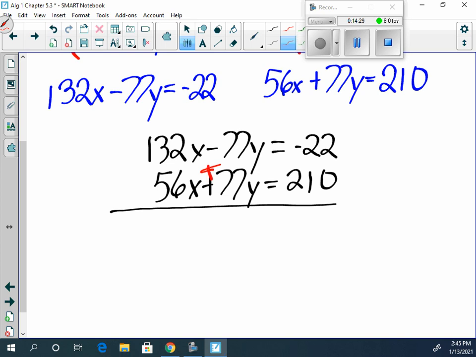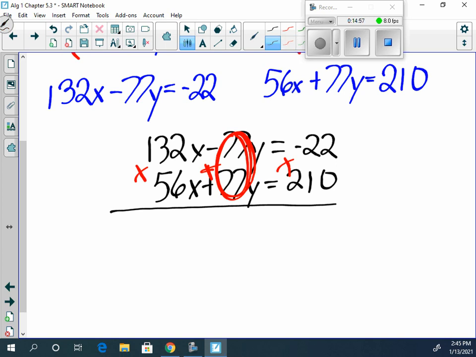So we would need to add them. We could do that on a calculator to double check, and it would work out that negative 77 plus 77 would be 0. So for this one here, we would need to add. Because when the signs are opposite, we add. When the signs are the same, we subtract. Because negative 77y plus 77y would give us 0.